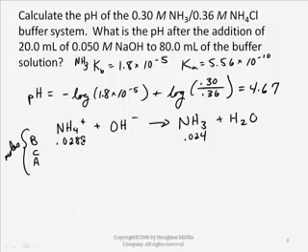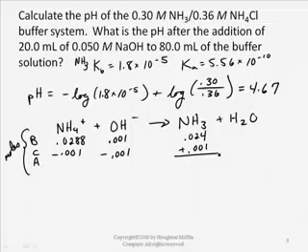Then 0.02 times 0.05, I'm adding 0.001 moles of hydroxide from the sodium hydroxide. Now the change is going to be based on the limiting reactant, which is consumed. These are 1-to-1, so my limiting reactant is the hydroxide in this case. So my change line is going to be based on the stoichiometry of the reaction.